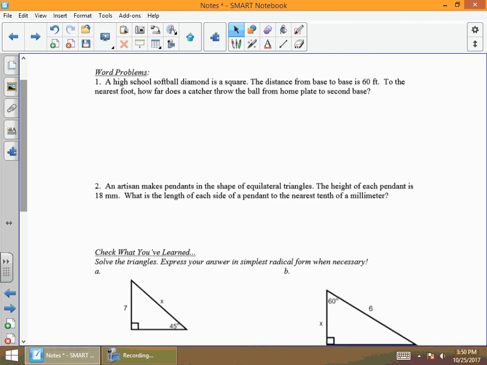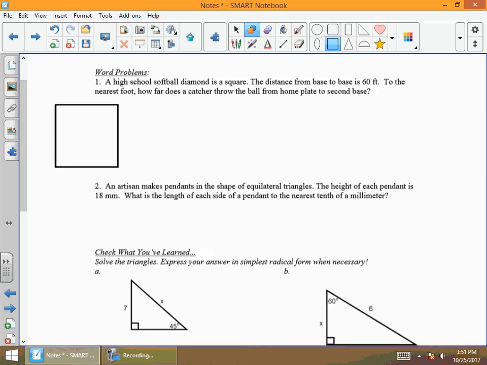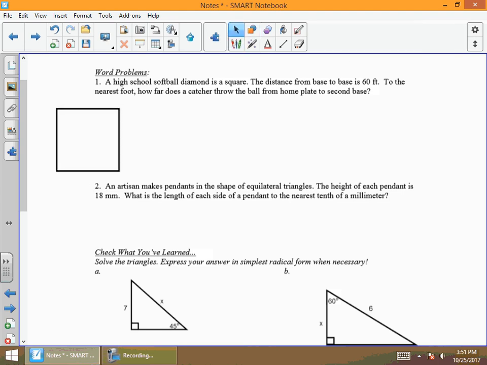So a couple of practice problems here. Problem number 1 says a high school softball field or softball diamond is a square. So let me put a square up. All right. So there's a softball diamond. And if you know anything about softball, this is home plate.